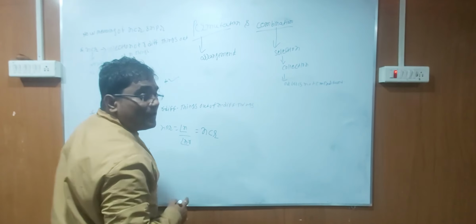Since we have selected r things out of n different things, and we know that r things are arranged in factorial r ways, this is NCR into factorial r. So NPR equals NCR into factorial r. By formula, factorial n upon factorial n minus r into factorial r, into factorial r. Factorial r gets cancelled by factorial r. That is NPR.